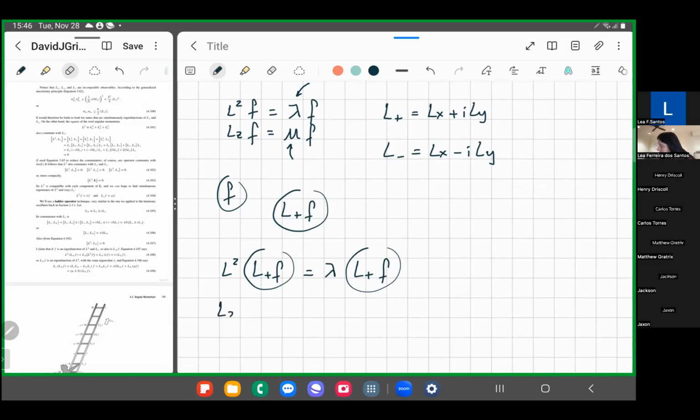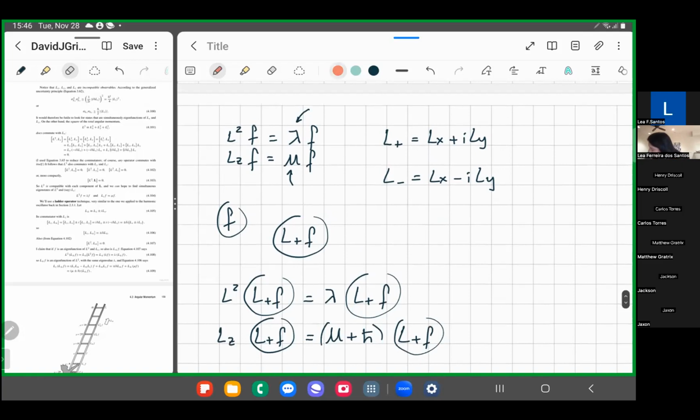It is still an eigenfunction of Lz, but now something changed, and we showed that last class, and this is important for you to know how to show. The eigenvalue changed, became mu plus h bar. So this is the new eigenvalue. It became plus, so that's why we say that this L plus is a raising operator, very similar to the a plus that we deal with in the harmonic oscillator.